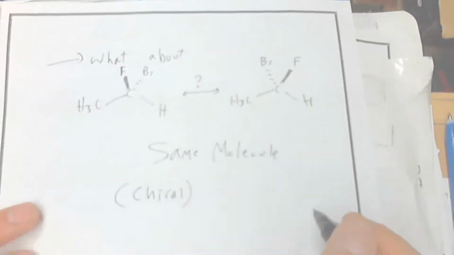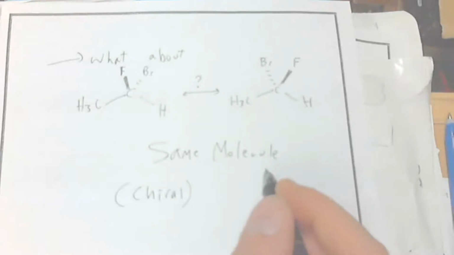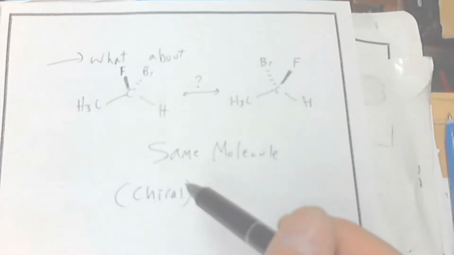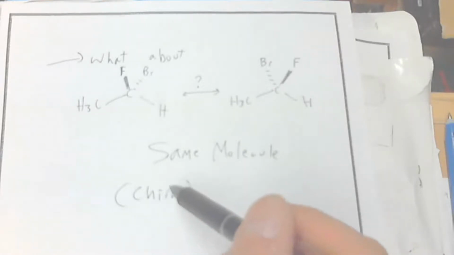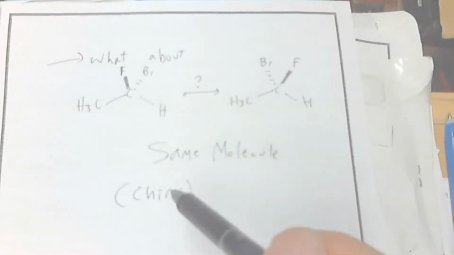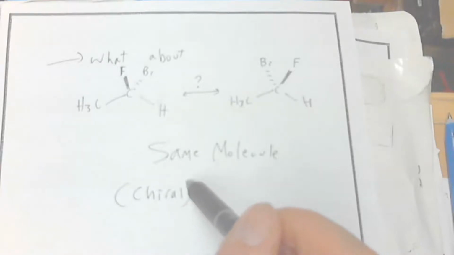And what does chiral require? Okay, so somebody said, I thought chirals were non-superimposable. That's a great question, or that's a great statement. The statement was, I thought chirals were non-superimposable. Okay, but chiral is not a relationship.